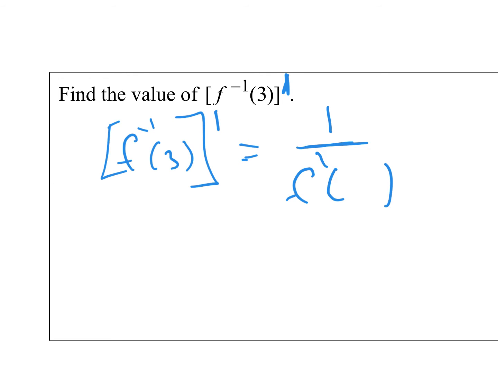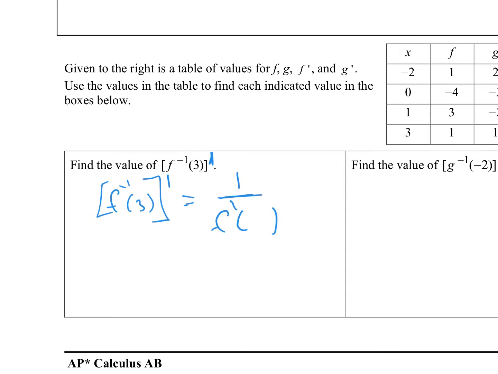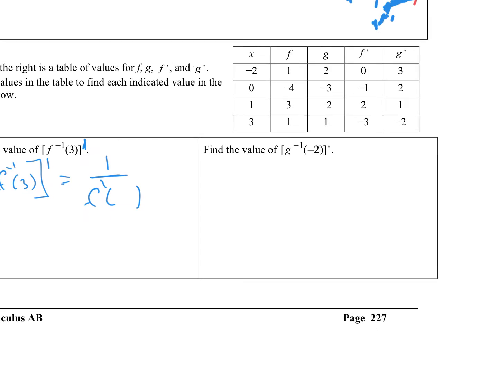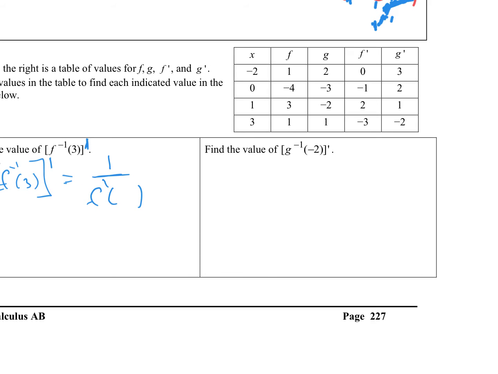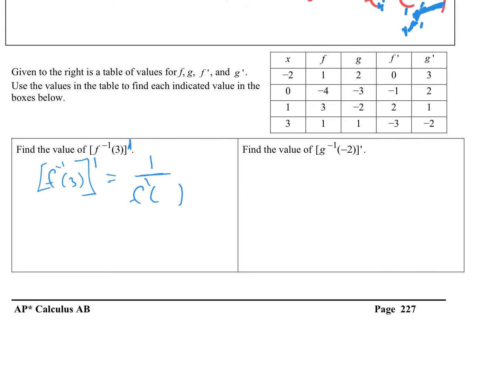So the question is, what is that something that I have to plug in? We have to figure out, when I go to the table, what's the x value that f inverse of 3 would have been?